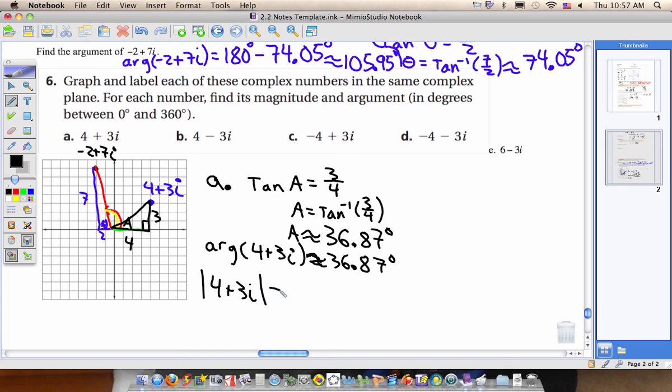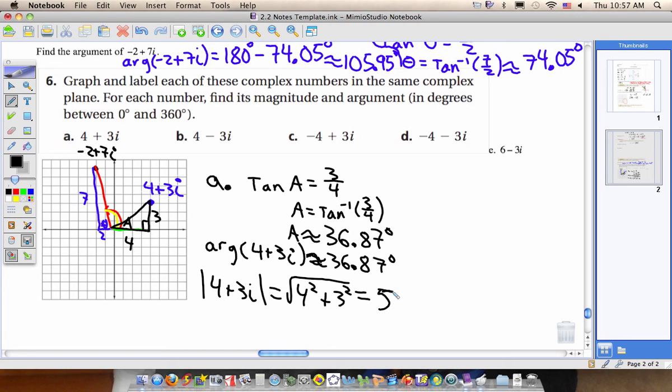36.87 degrees. And then our magnitude of 4 plus 3i, what's our magnitude of 4 plus 3i? Just think a squared plus b squared, square root it. We end up with 5 because we get the square root of 25.